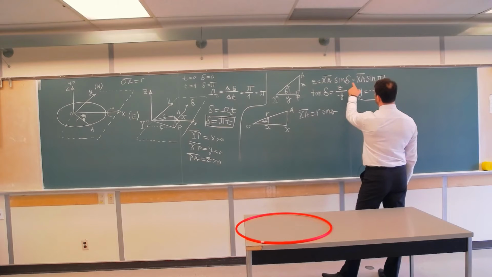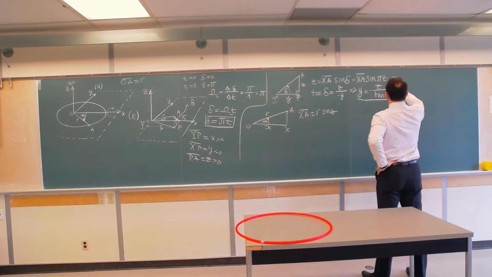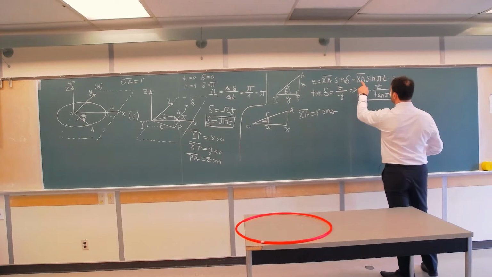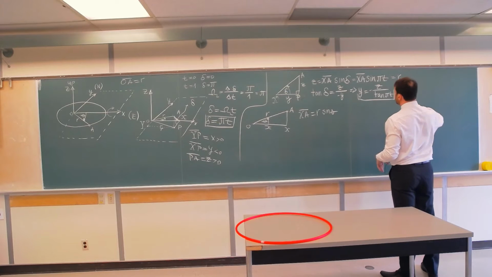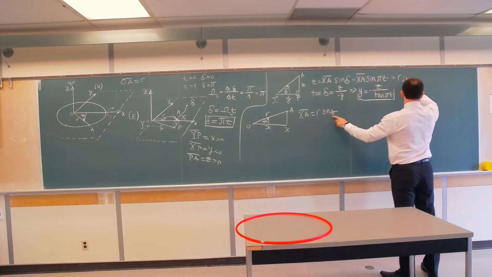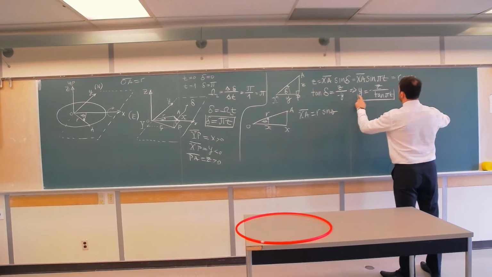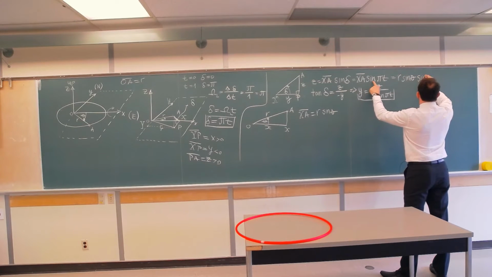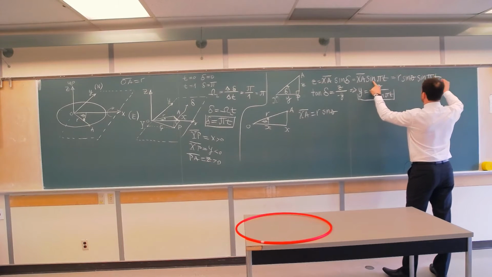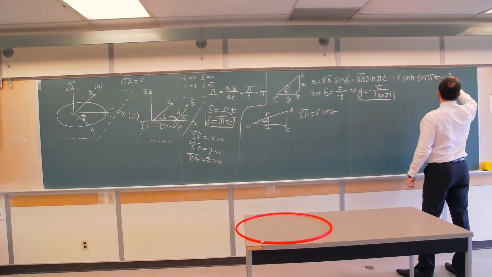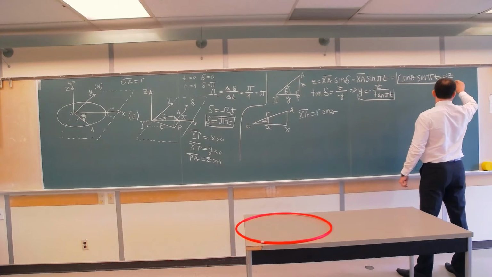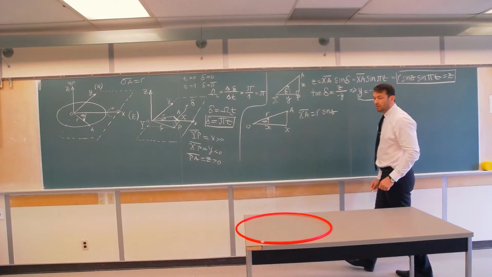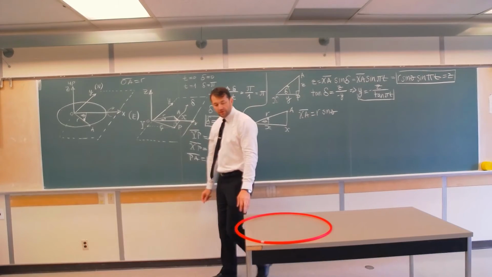Now I take this and plug it over here, and I will get that this is equal to R sine theta sine pi t. And this is the Z component of my rotating ring.